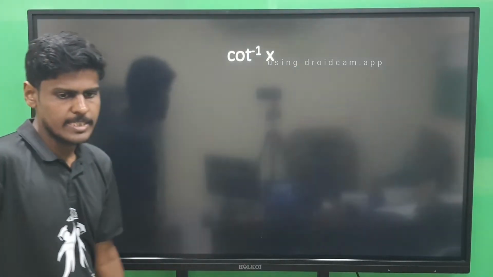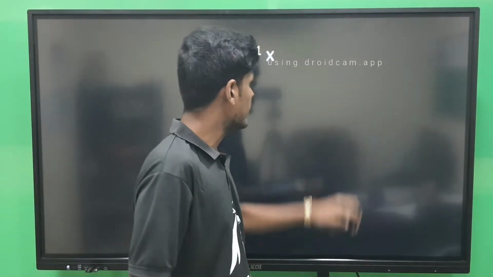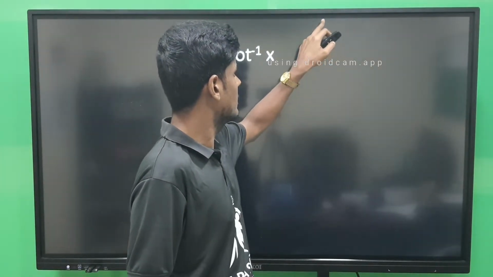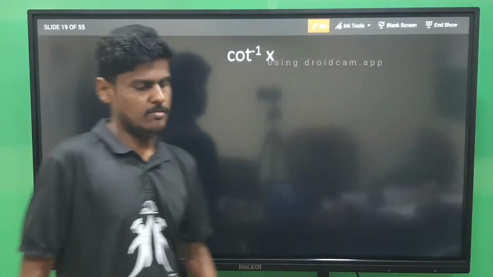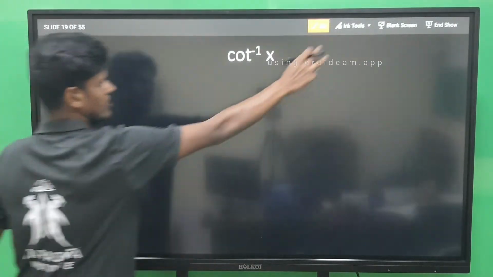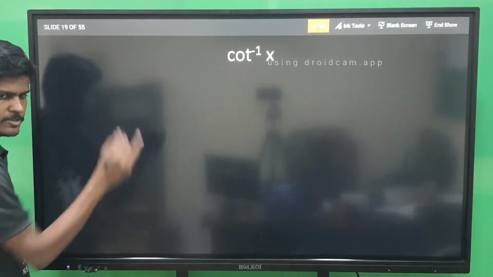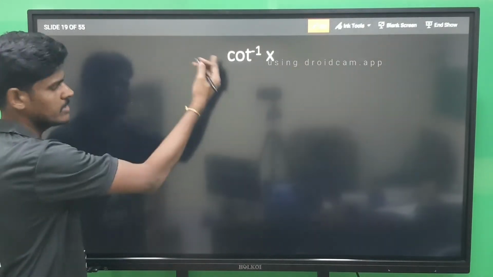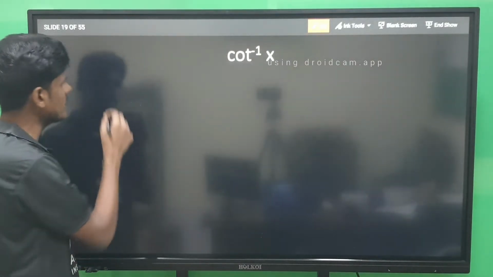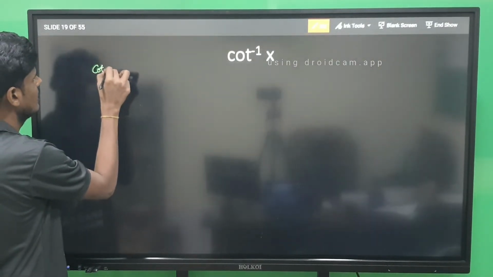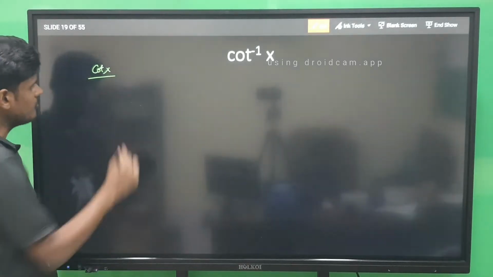Cot inverse x. What is the graph of cot inverse of x? First, for finding the graph of cot inverse x, we will draw again the cot x graph. What is the graph of cot x?